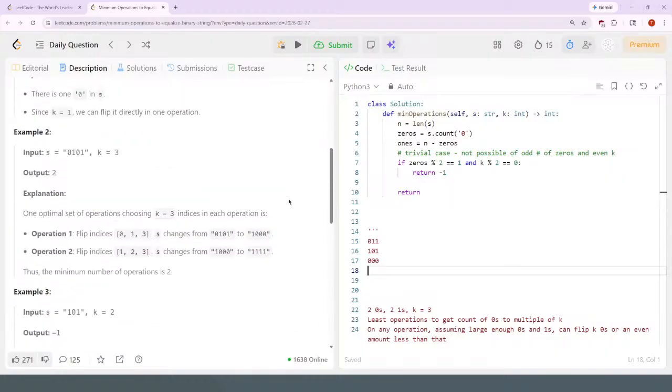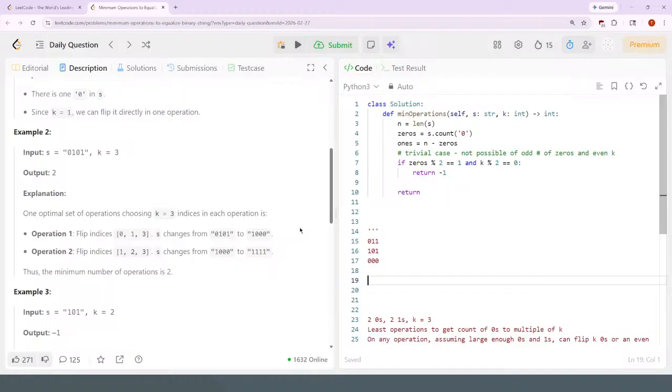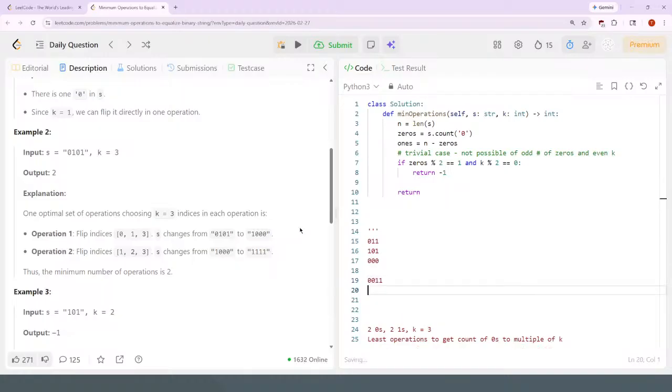Okay. Example 3: try 0, 0, 1, 1, case 3. So there's only two options. It's going to be like 1, 1, 0, or flipping the last three would be 0, 1, 0, 0.